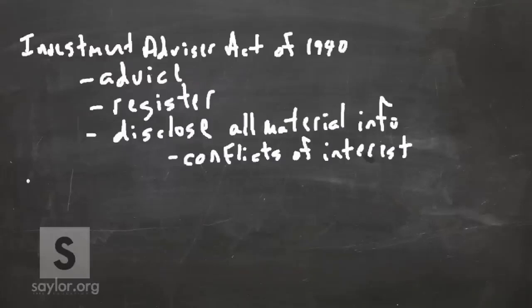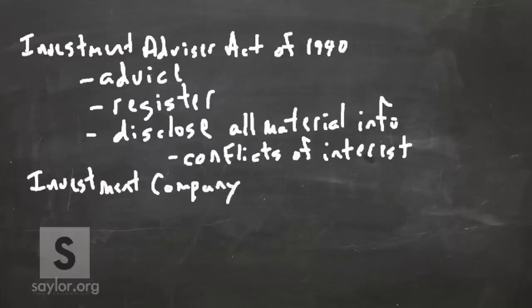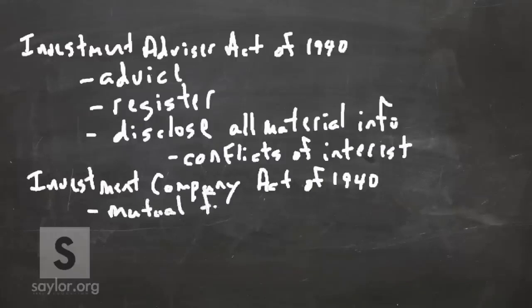The other law of 1940 that was very important was the Investment Company Act of 1940. And the Investment Company Act, again, requires registration of companies such as, probably the most familiar to you, mutual funds. And these are pooled investments where a company will pool money and invest in various securities. And individuals then can buy, or other companies can buy shares in the investment company.